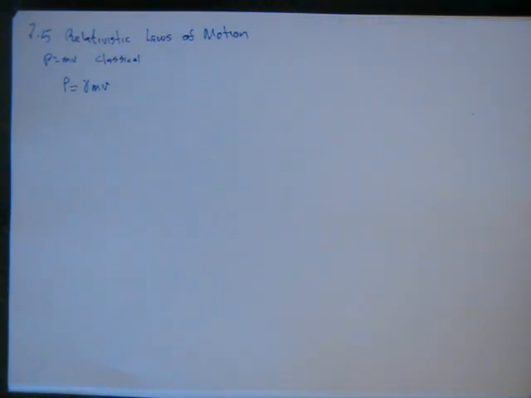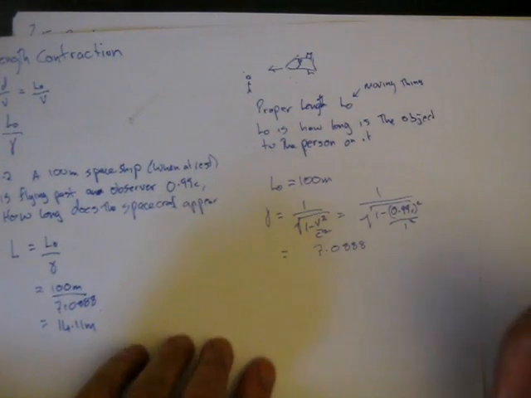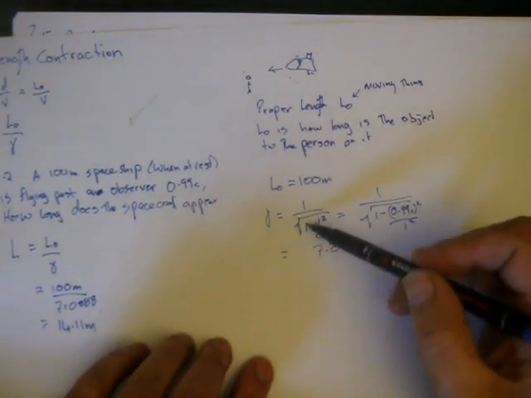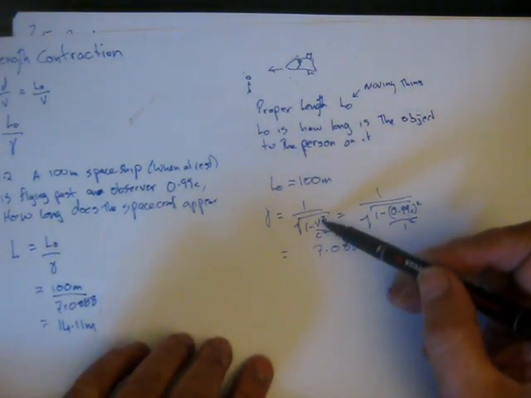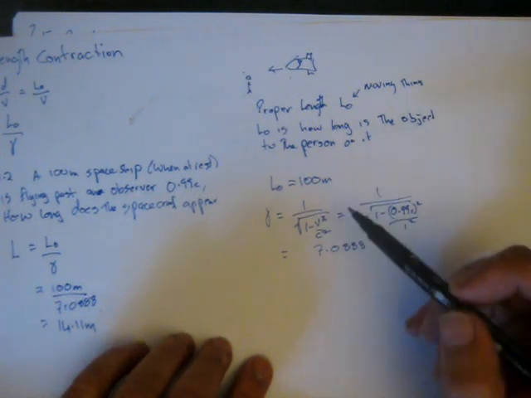And if you actually work it out using gamma, the reason why you can't have anything travelling at the speed of light, if you look at this equation, the gamma factor is equal to 1 over the square root of 1 minus v squared over c squared.